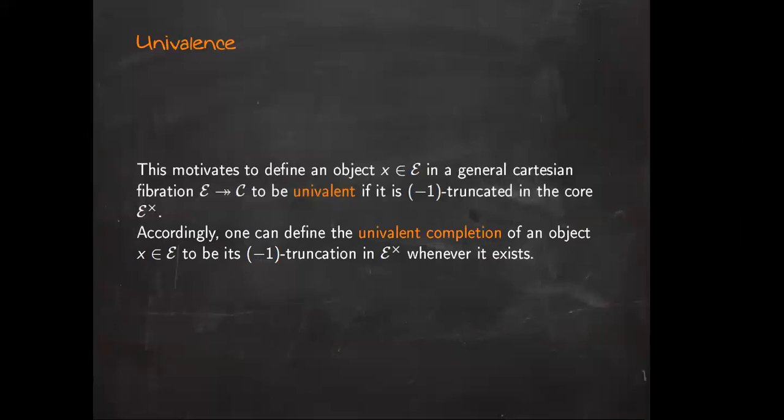And accordingly, one can define the notion of univalent completion as just the notion of -1 truncation in an infinity category, which is part of the higher categorical framework and has nothing to do with type theory in any respect necessarily. Right.